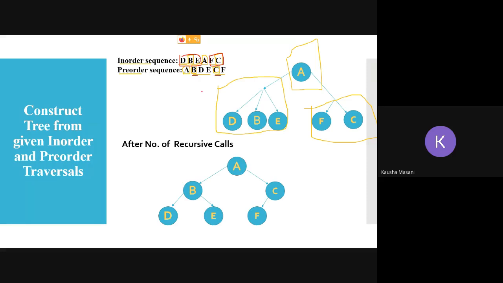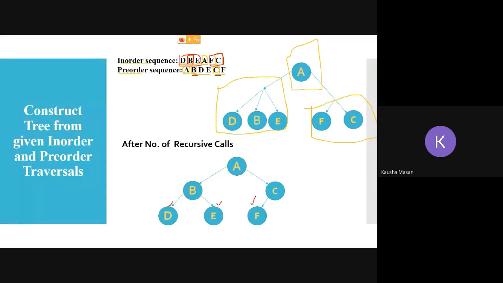Now go for the in-order sequence again to decide who are the children of this B and C. In this B, on the left side I have D, so D is on the left here. On the right side I have E, so E is on the right side of B. And for C, F is on the left.